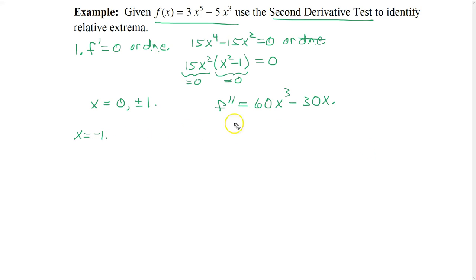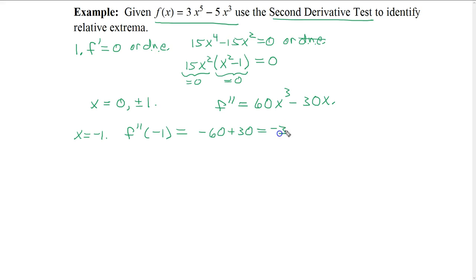So we take -1, put it in here for x, and let's see what we get back. So putting negative 1 in here, negative 1 cubed is negative, so we're going to get negative 60 minus 30 times negative 1, that's going to be negative 30, so plus 30.